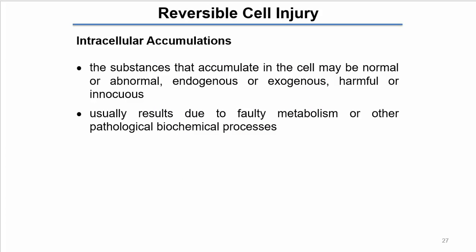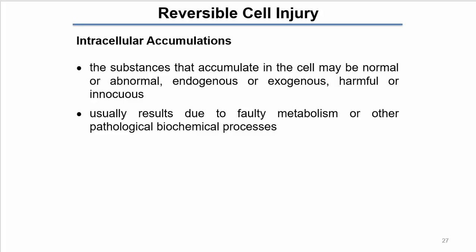Now, another thing that can happen in cells is accumulations of stuff in the cells, of intracellular materials, and that will impair the cell functioning for as long as that's there. You get rid of the stuff and the cell can come back to normal.